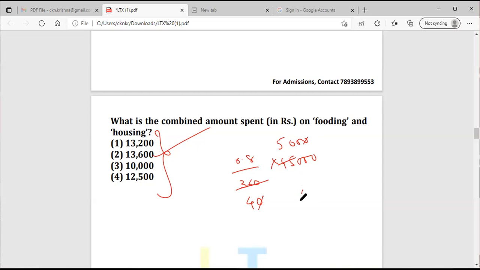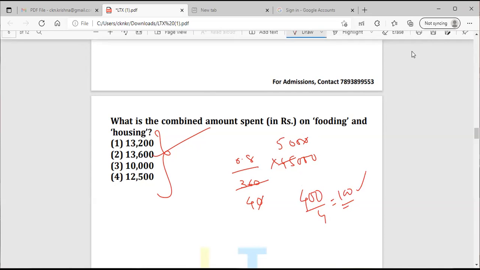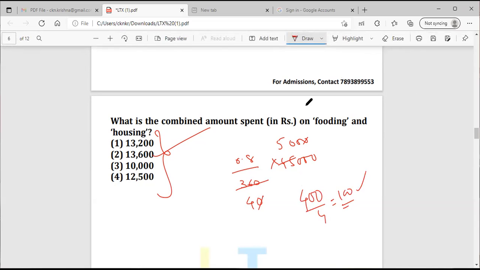So I will be having 400 by 400. Definitely it will get you the value. Straight away you can say up to 108 by 360 alone will give you 13,500. When there is another 0.8, when there is no 13,500, the only next option is 13,600.